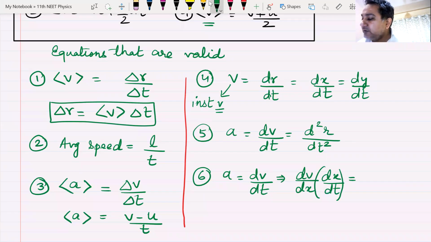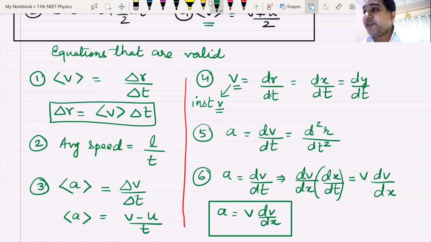Now look at this part. dx by dt becomes v. So I can write it as v into dv by dx. So I can write acceleration as v into dv by dx. Do we understand what I have done?